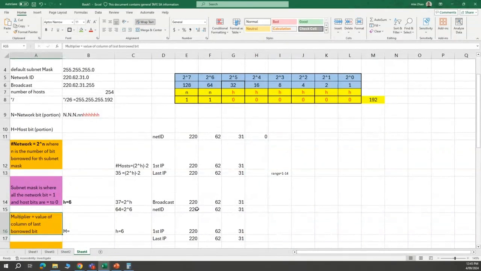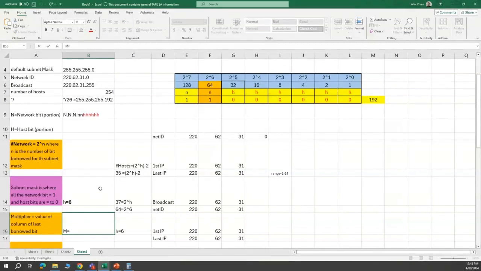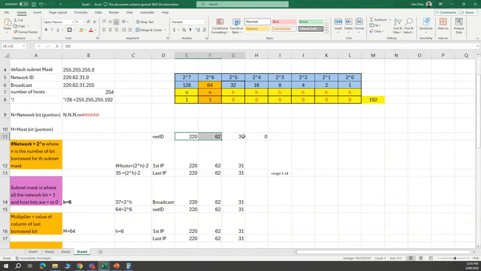So something we missed. The multiplier is the value of the last borrowed bit. And that's that column there. That's the last network bit, the last one, and the value is 64. So the multiplier is 64.